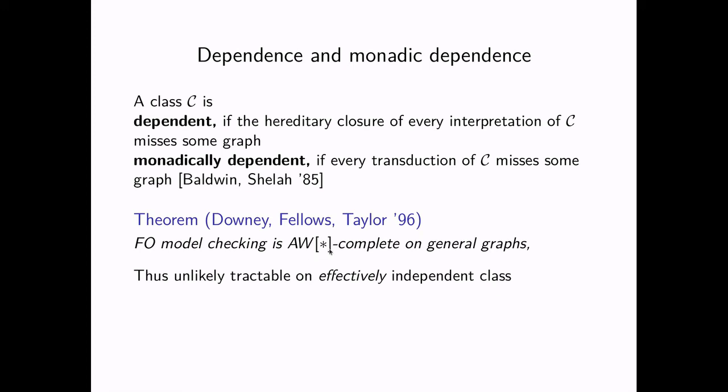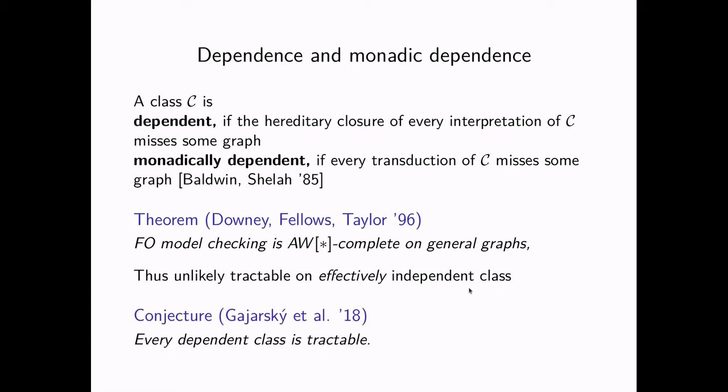It's almost true because you can emulate all the graphs with your interpretation, but you would need the interpretation to be effective and not to blow up too much the graphs when you go from one class to the other. But morally, it seems hopeless to solve FO model checking in FPT time on independent classes.